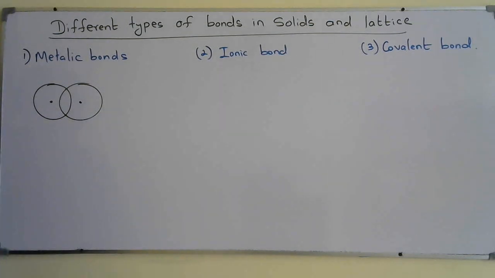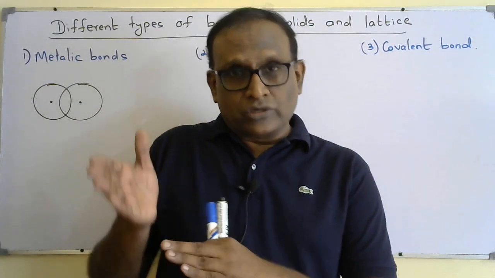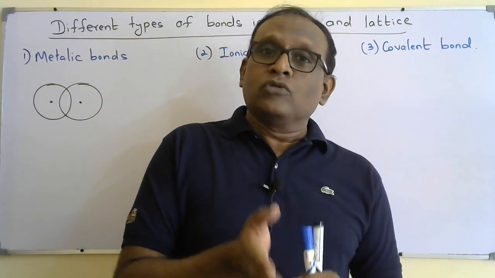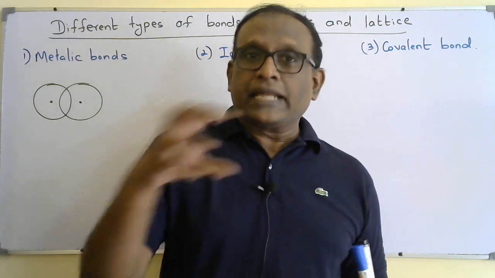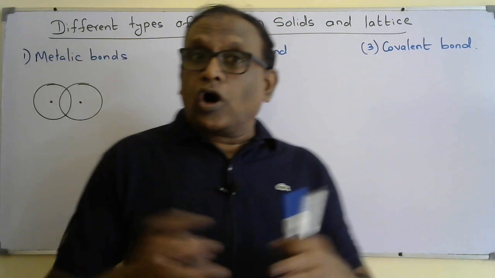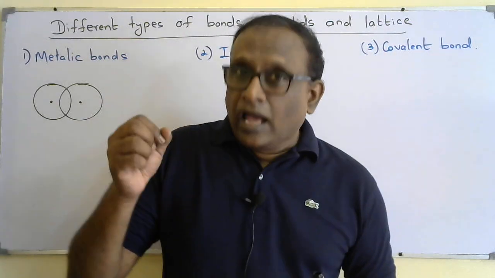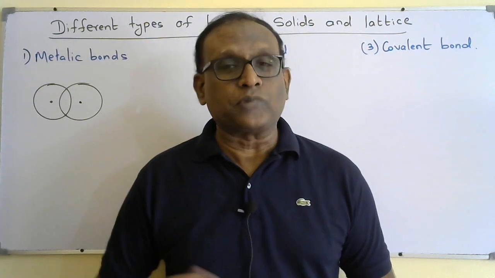Then ionic bond occurs between an atom which belongs to a metal and an atom which belongs to a non-metal. So when a metallic atom and non-metallic atom create a bond among them, what happens? The metallic atom will lose an electron and it will become a positive ion.